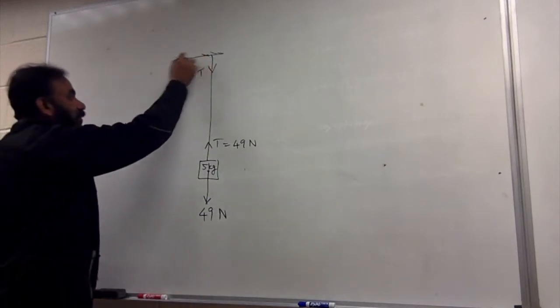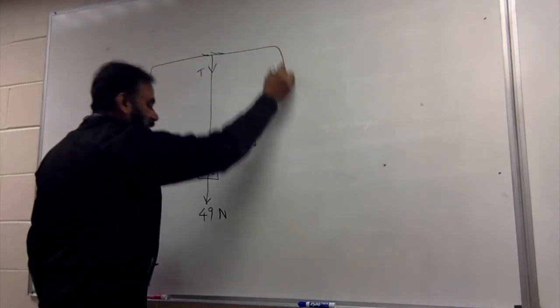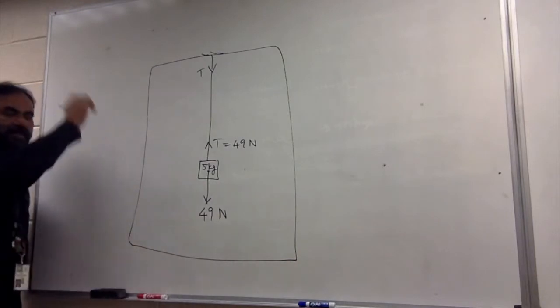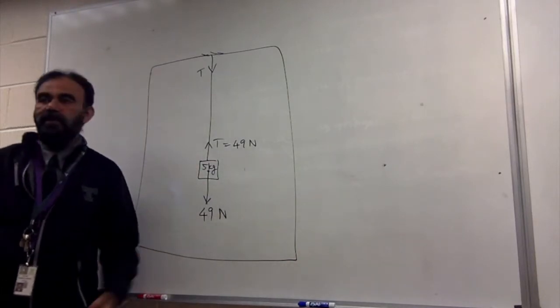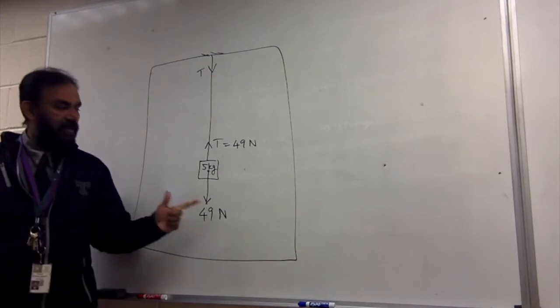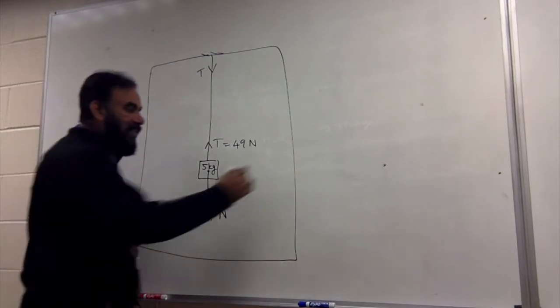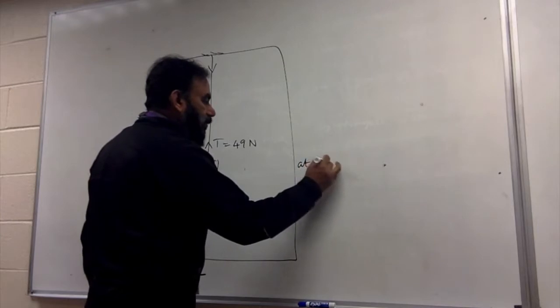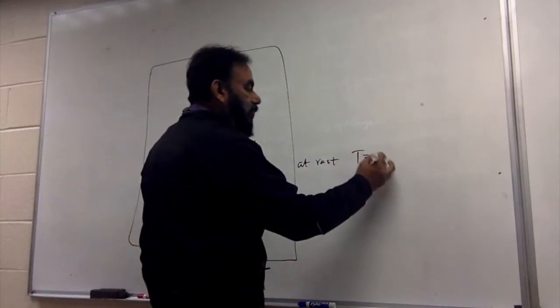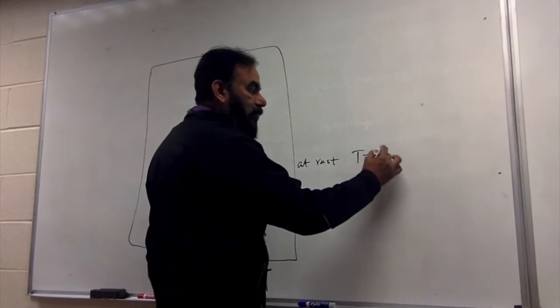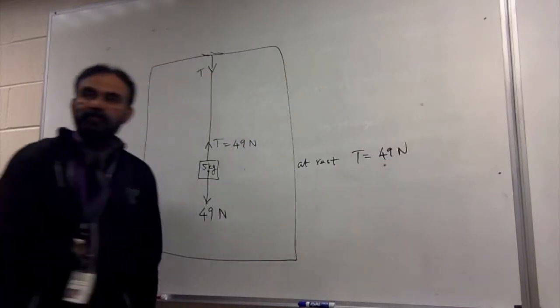Now let's say this whole setup is inside an elevator. You're suspending this block, and it is inside an elevator. And the elevator is at rest. If the elevator is at rest, what's the tension? 49 newtons.